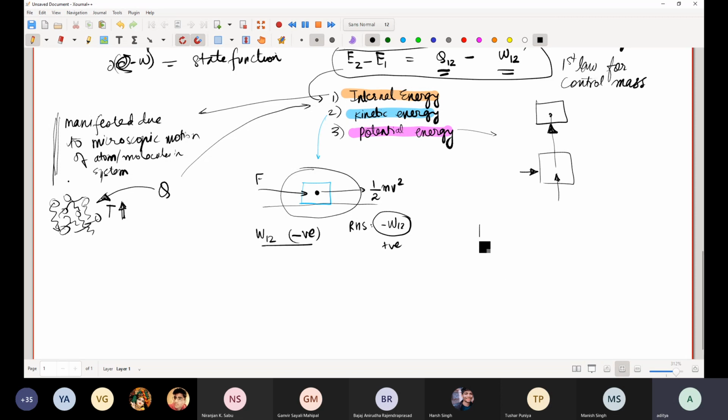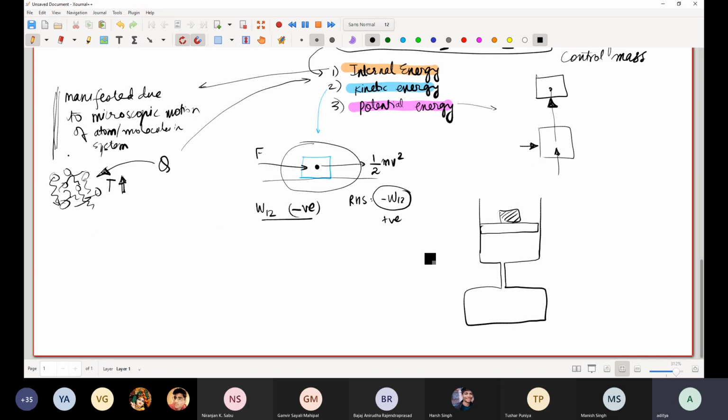So suppose you have a cylinder piston arrangement like this, and there is some mass over here, and this cylinder is connected to another volume like this, and this volume contains water, and you're heating it from the bottom.